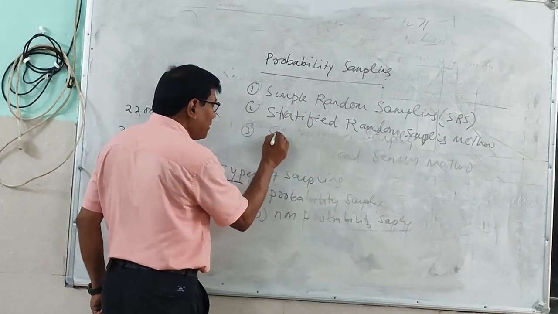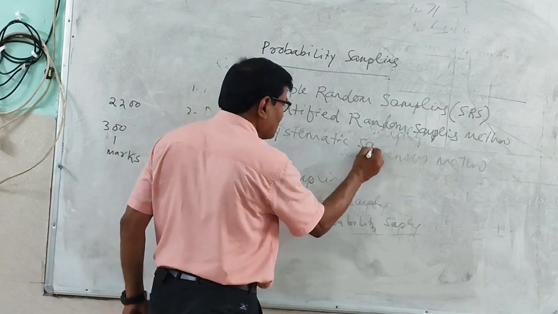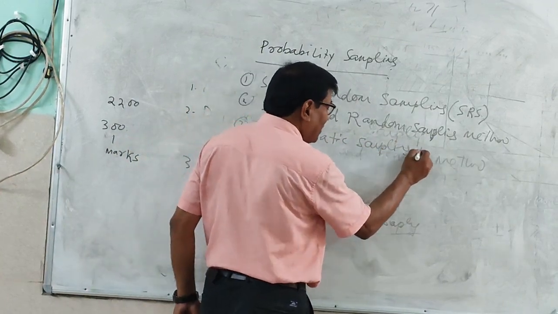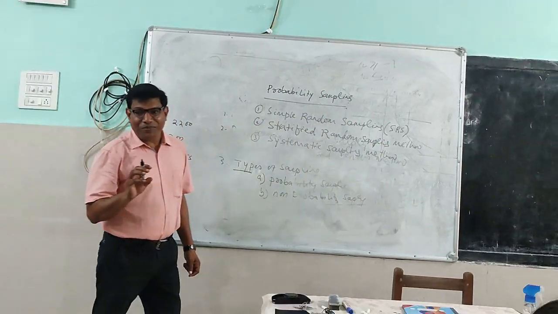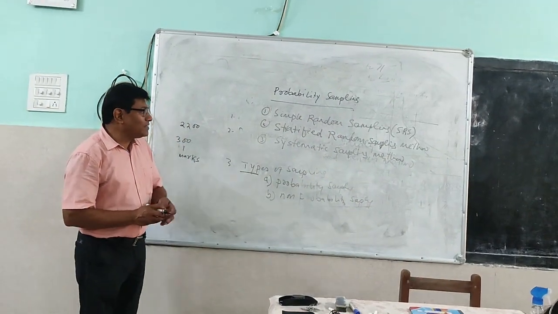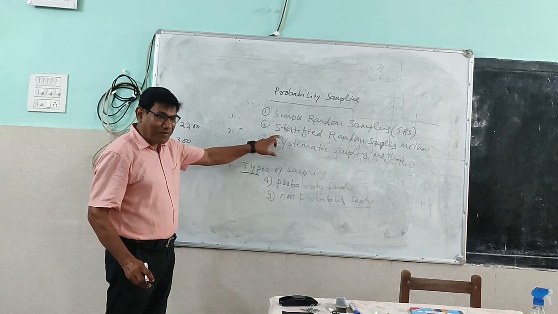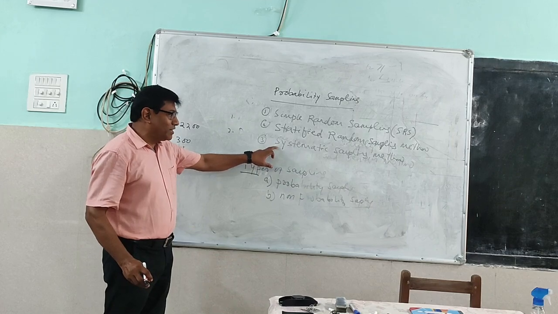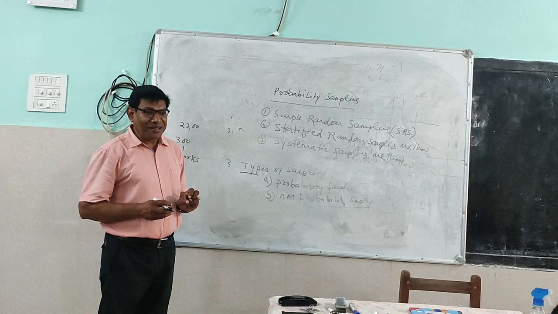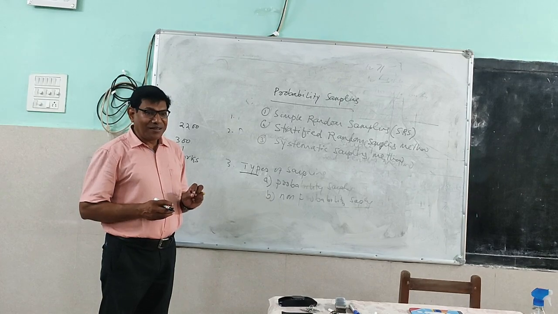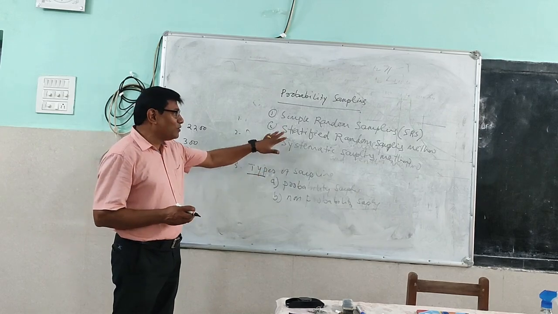Third, systematic sampling method. So there are three probability methods: simple random sampling, stratified random sampling, and systematic sampling. Why is it called probability sampling? Because there is a chance factor, an uncertainty factor, in this method. We'll come to each method.